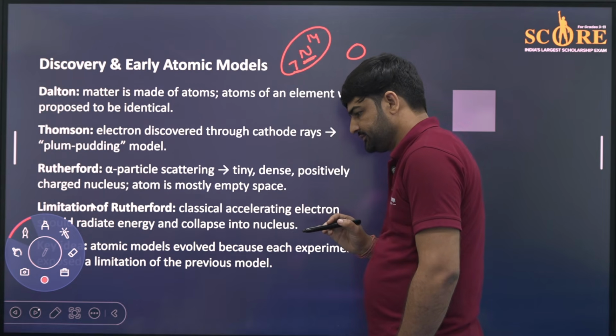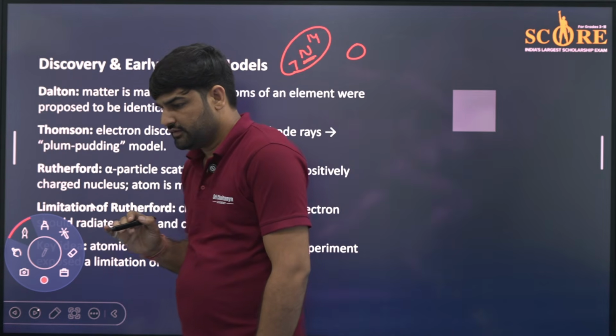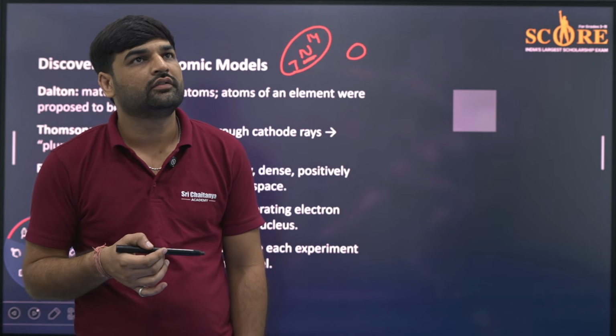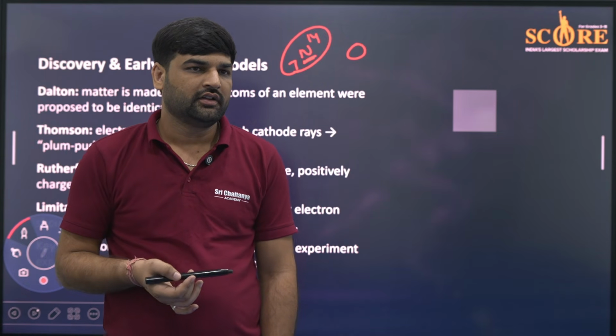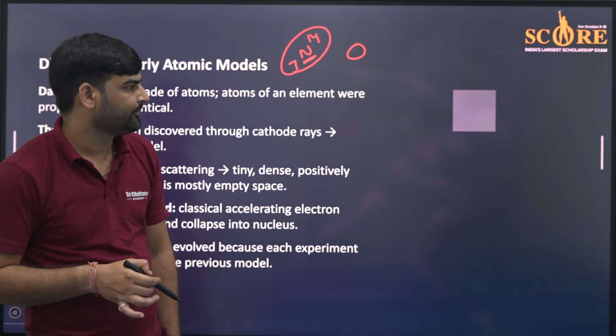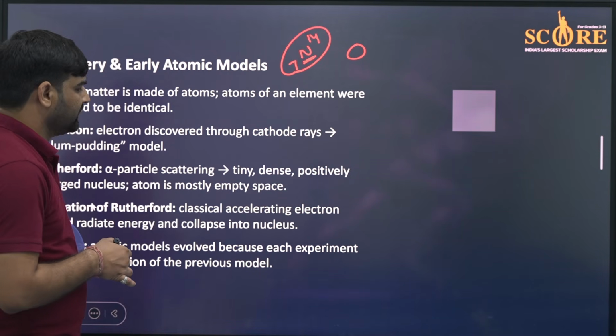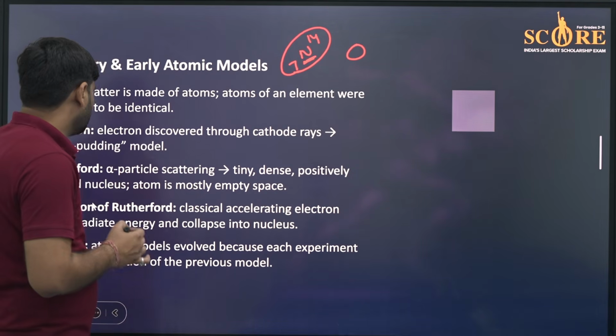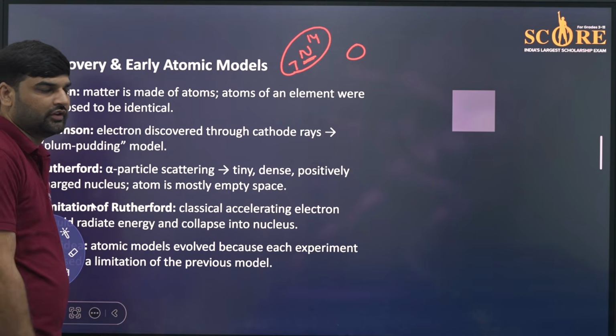After that, as discovery of electron, proton and neutron came, Dalton theory failed, and next model was Thomson model, that was also known as plum pudding model.